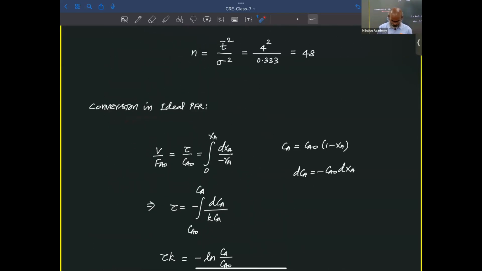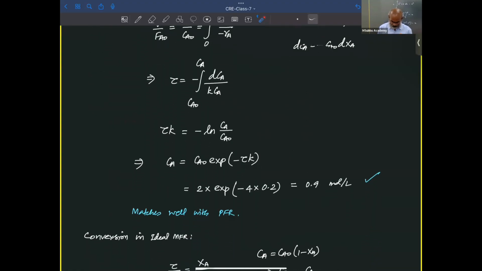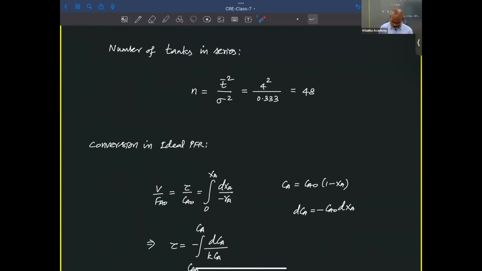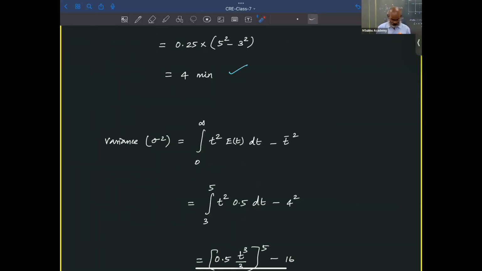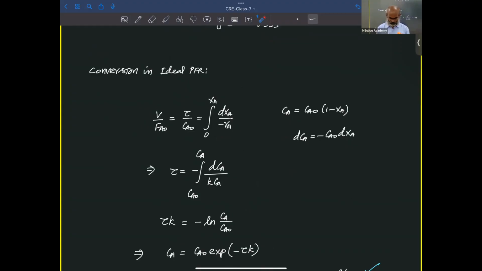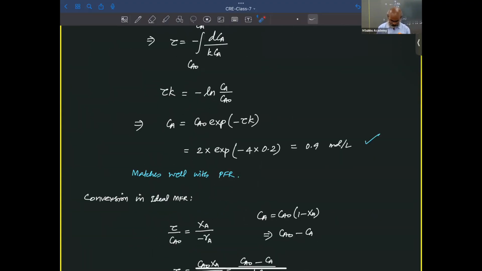And so we can also get the conversion for this reactor, whatever we have found. The conversion we have found using this formula. Suppose you simply calculate the conversion from the PFR case, because now we are getting the number of tanks in series as 48. For that, the conversion will also be matching.